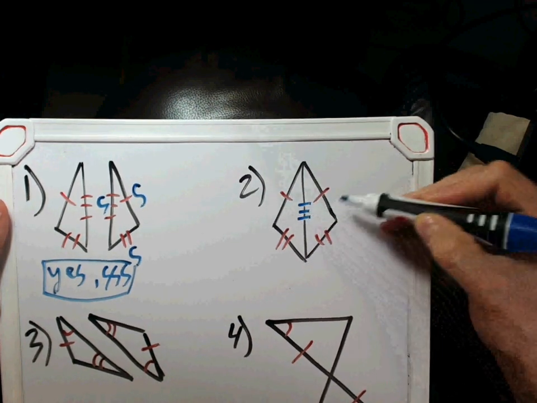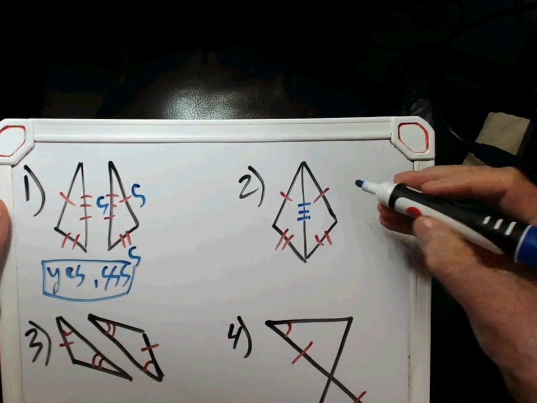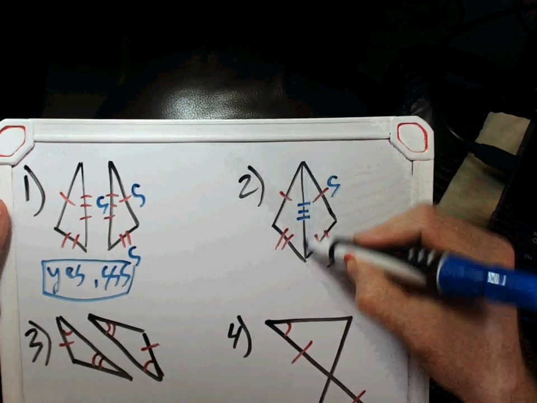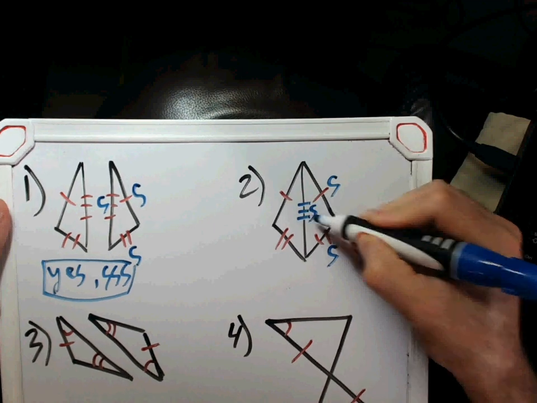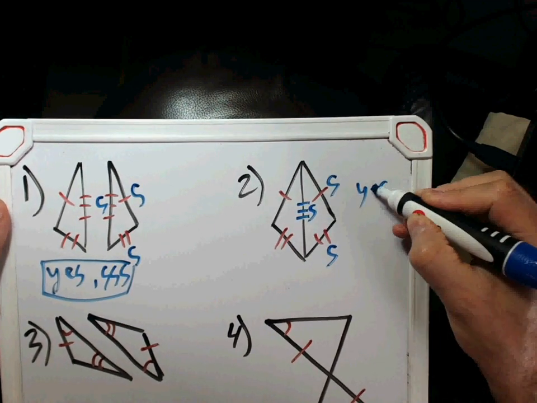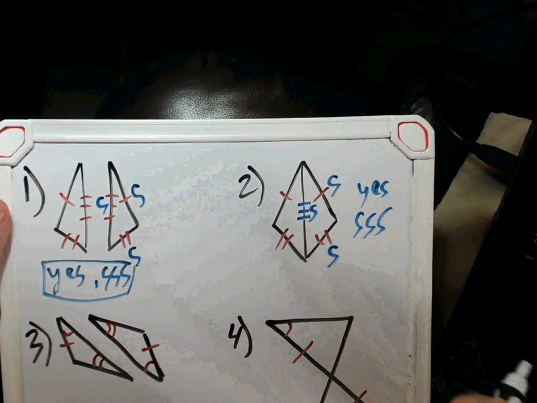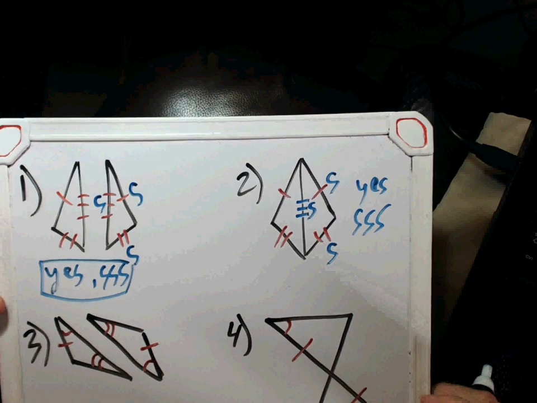And the reason is, then we can say we have this pair of sides that are congruent, S, this pair of sides that are congruent, S, and then this is congruent with itself for the two different triangles, S. So again, this is the same type of problem. Yes, by SSS, we can prove that these two triangles are congruent. So if we can do a little marking on the picture first, we want to do that.